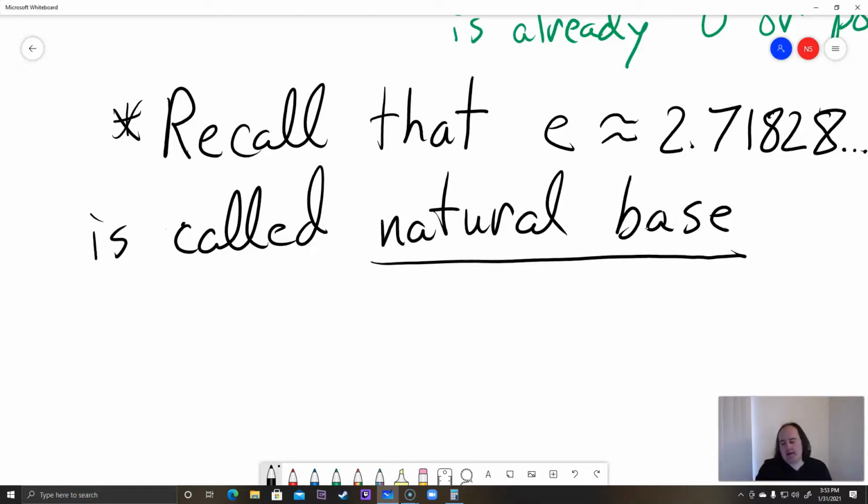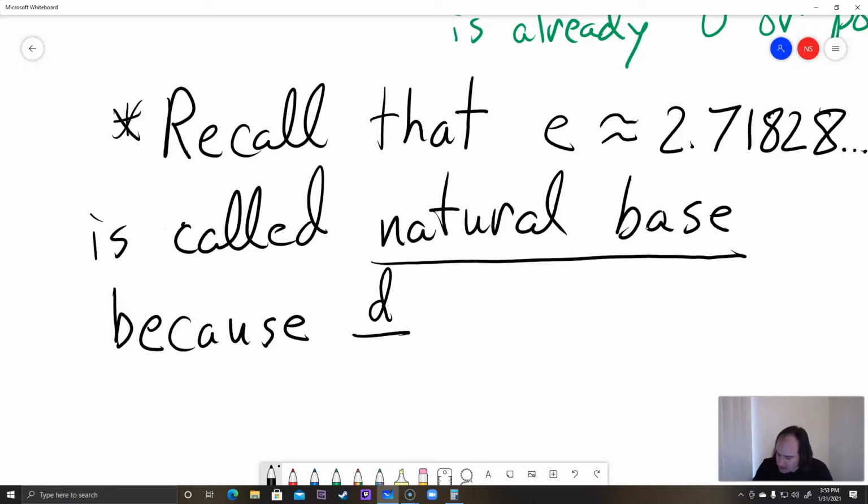And the reason it's called the natural base is it's the base where when you take the derivative or the integral of the exponential function e to the x, it just gives you the same function. Okay, so it's called the natural base because it naturally, when you take the derivative or the integral, gives you the same function.